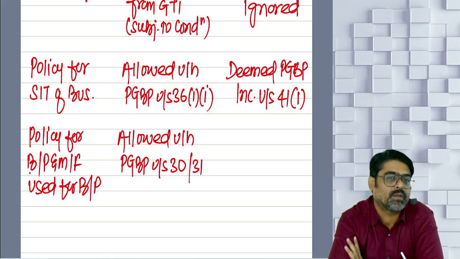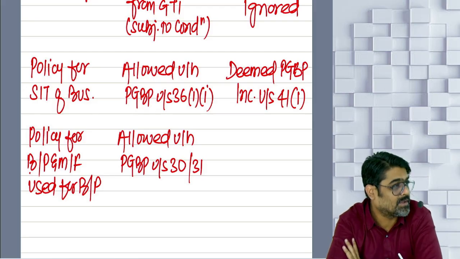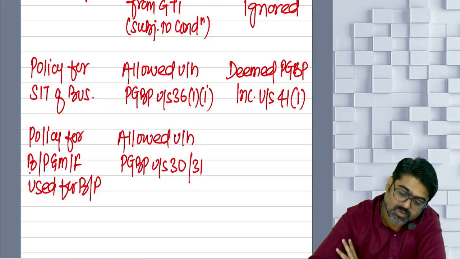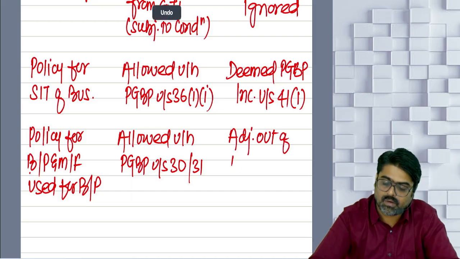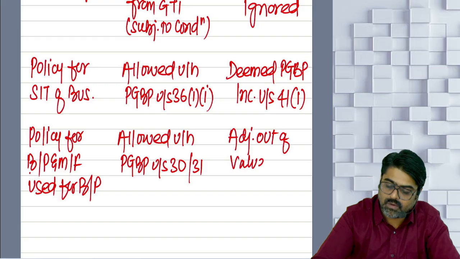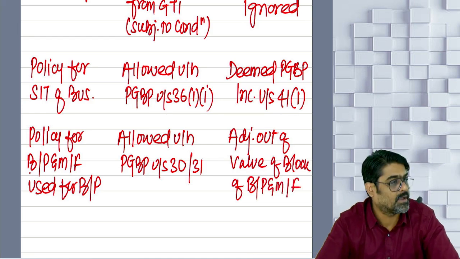And what if that building, plant machinery, furniture is damaged or destroyed and the insurance claim is received? Then the amount of insurance claim received will be adjusted out of value of block of building, plant and machinery or furniture.